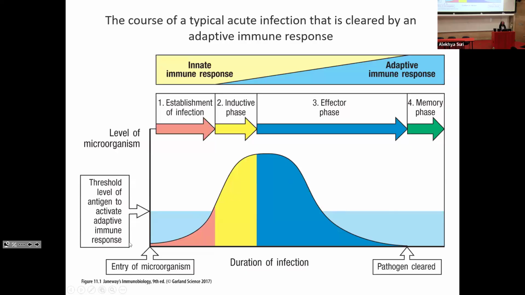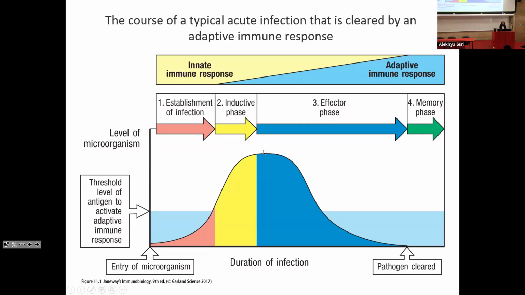I want to point out, though, that without having an early innate response, you cannot have an adaptive immune response. If the innate response is missing, the bacterial burden would be very, very high, and the initiation of the adaptive immune response either doesn't occur, is highly compromised, or takes a much longer time to kick in.